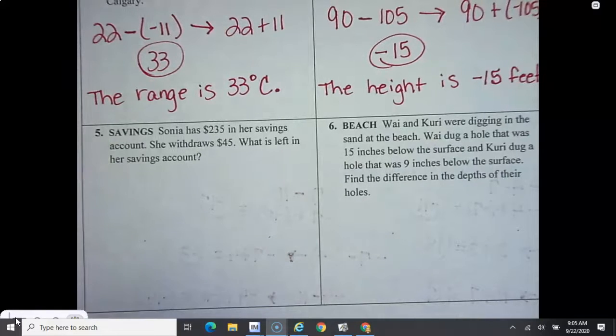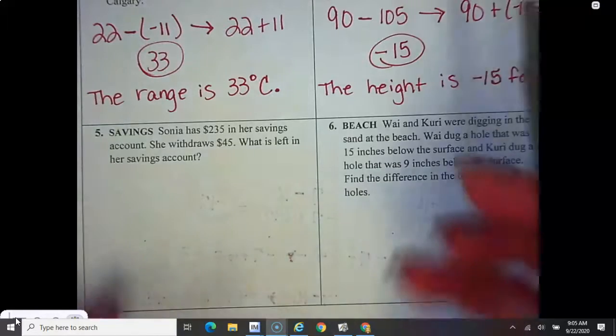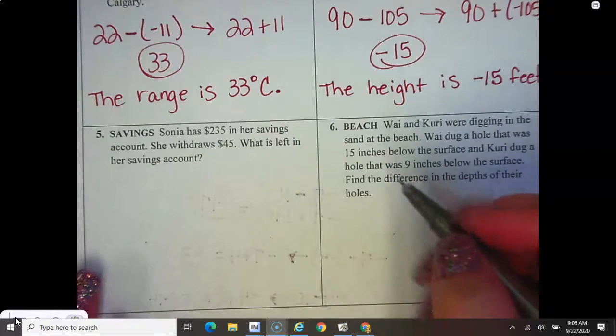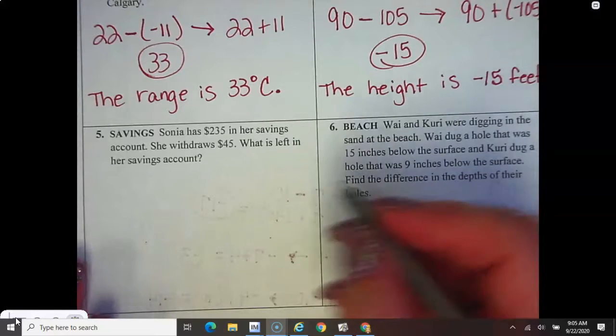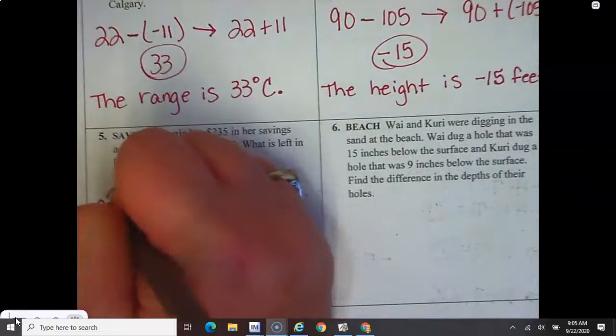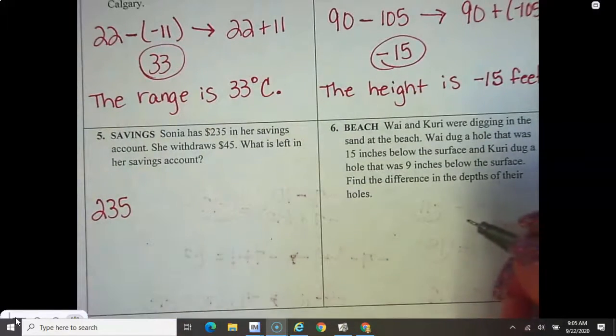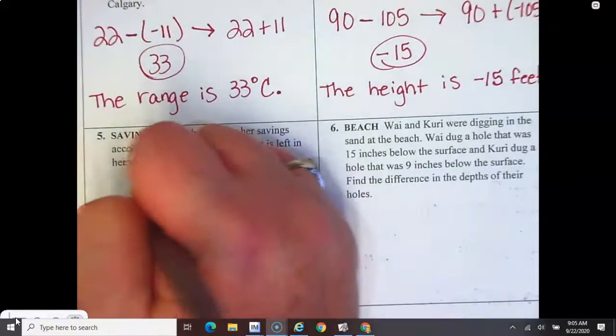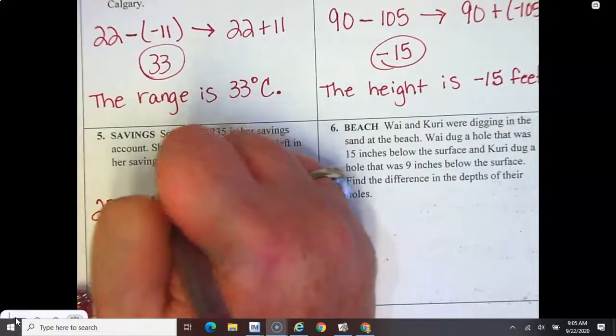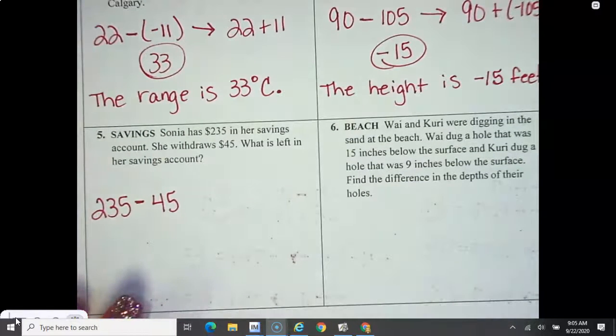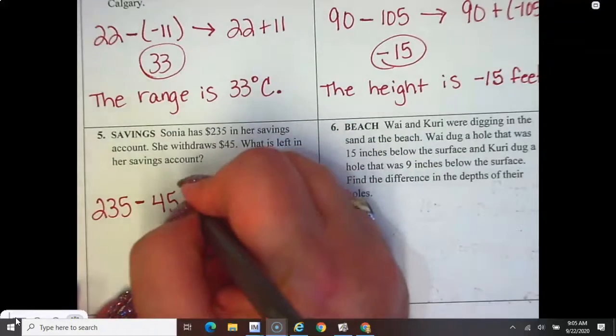Sonia has $235 in her savings account. She withdraws $45. What is left in her savings account? So, 235, is that a positive or a negative? It's a positive. If she has it there, that's money that she has. She withdraws. That's taking money out, so that's subtracting $45. Do I have to rewrite that, or do I know how to solve 235 minus 45? You can solve that, right?